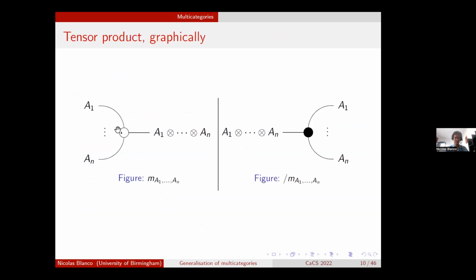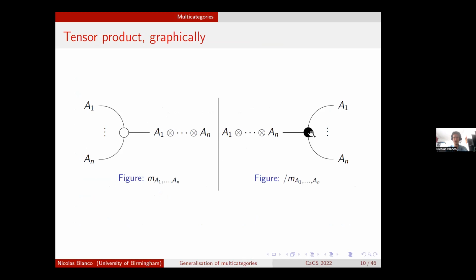And so we can represent the tensor product graphically in this way. On the left, this is the multilinear map that goes from A1, ..., AN into its tensor product, this M map that I talked about before. We'll introduce it as a white dot. And we'll introduce this kind of gadget that is, in some sense, a co-multiplication.